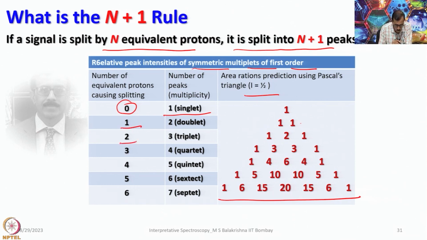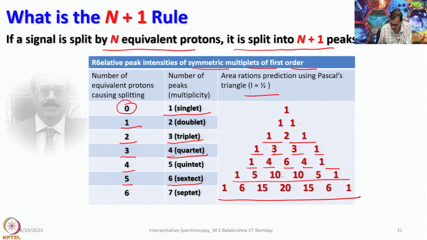If we have 2 neighboring protons, they cause a triplet, and the intensity will be 1:2:1. If 3 are there, we get a quartet, that is 1:3:3:1. If 4 are there, a quintet, we get 1:4:6:4:1 ratio.